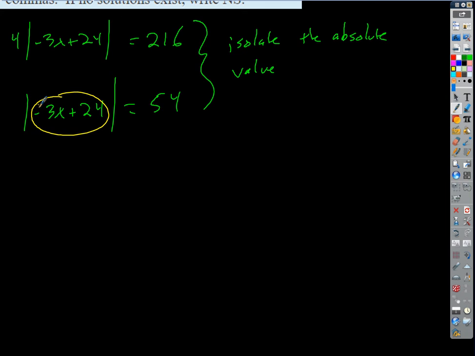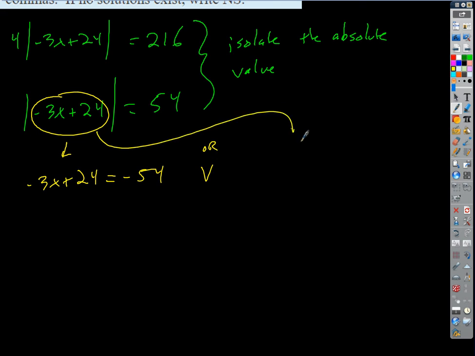Whatever's inside, we set equal to 54 or negative 54, right? So either negative 3x plus 24 equals negative 54, or negative 3x plus 24 equals positive 54.